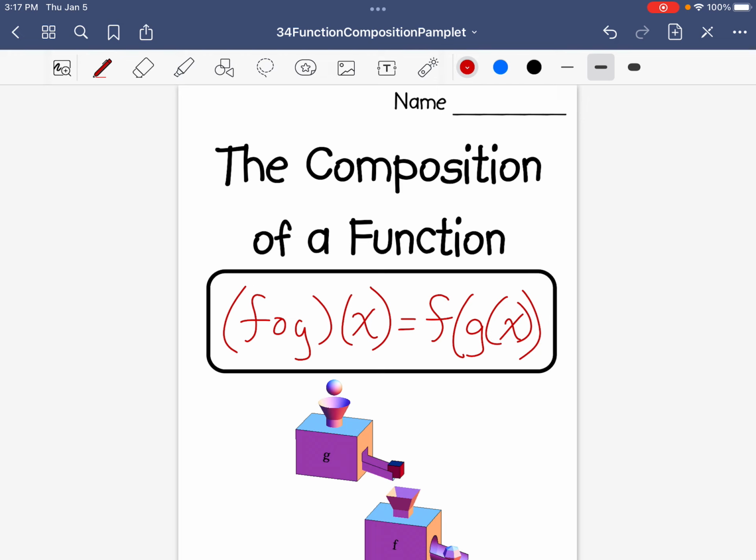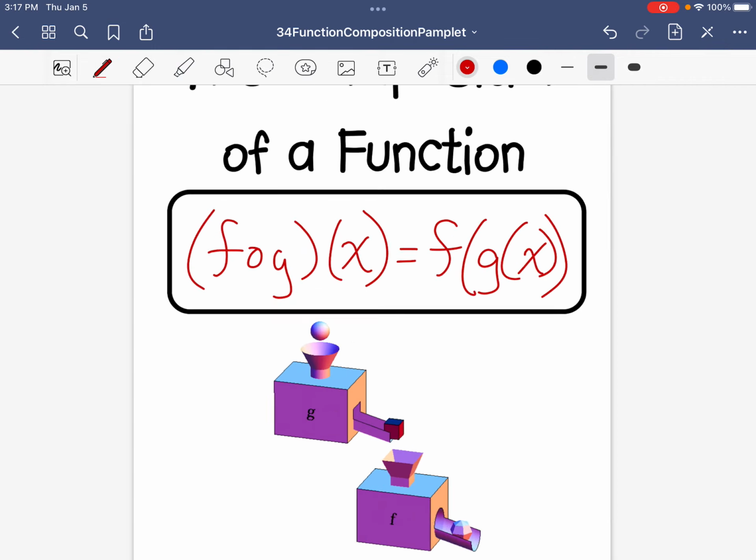Now don't worry, I don't expect you to understand everything about this, but I do want you to see that it's new, it's different, and it's this idea of actually plugging a function into a function. And we describe that, we say that it is called f of g.